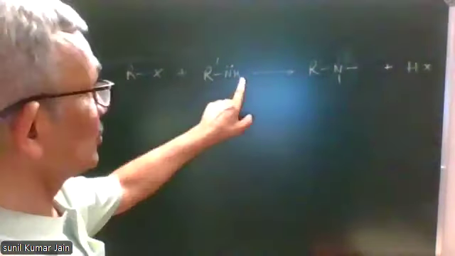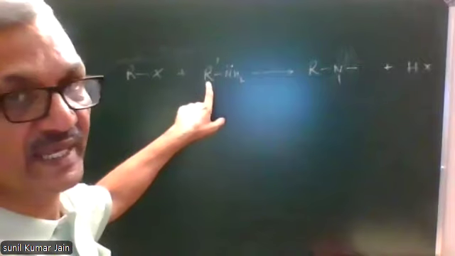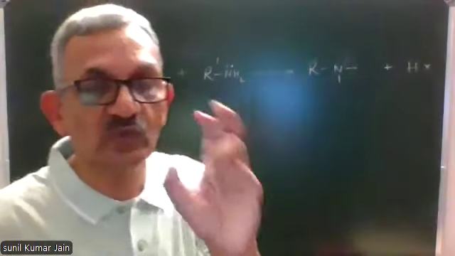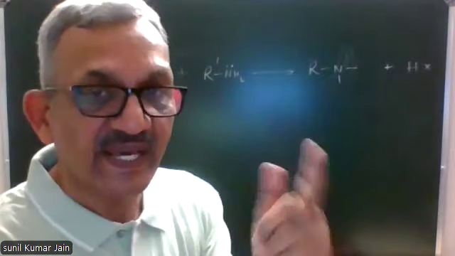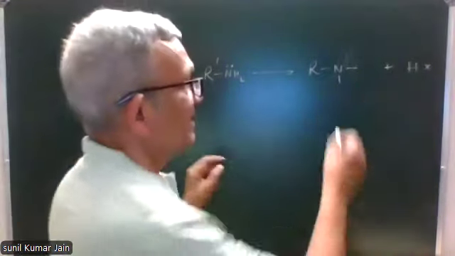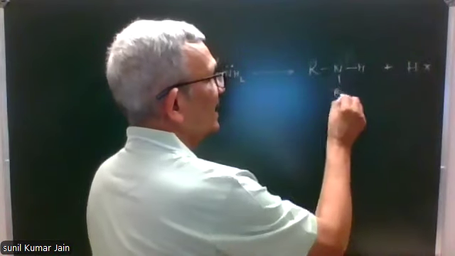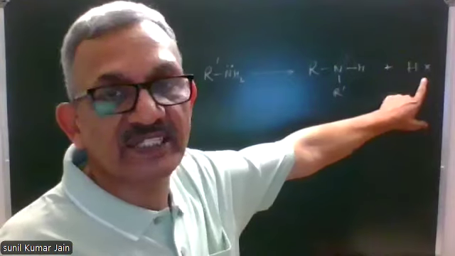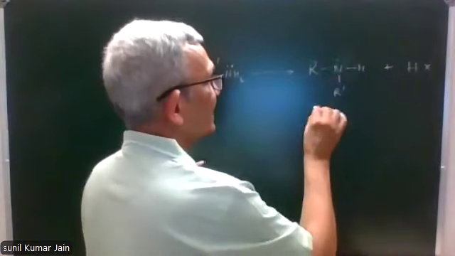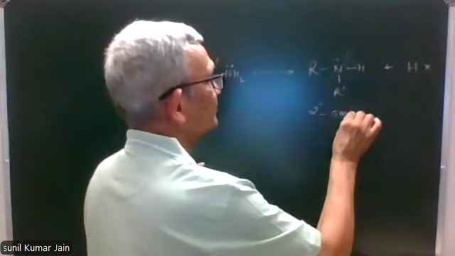Now nitrogen is attached to 2 hydrogen atoms and 1 alkyl chain. Out of 2 hydrogen and alkyl, the smaller part will be H plus. H plus will be eliminated, and the remaining 1 hydrogen and 1 alkyl will be left. So we get a secondary amine and HX. This is the secondary amine formed.